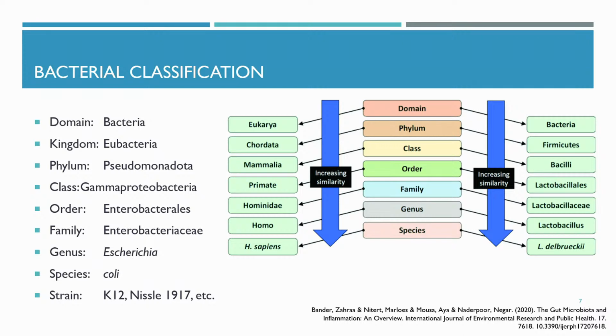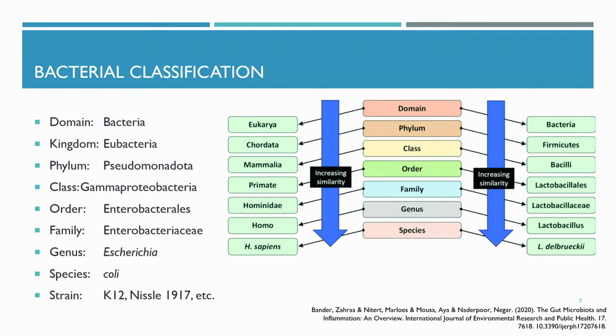So hopefully you've seen this classification scale before, but just to orient you a little bit, everything has this classification scale, including bacteria as well as humans, or eukarya. It goes from domain, phylum, class, order, family, genus, species. Here we're looking at the domain bacteria, they're prokaryotes, but for us humans, we are eukaryotes, so that would be our domain.